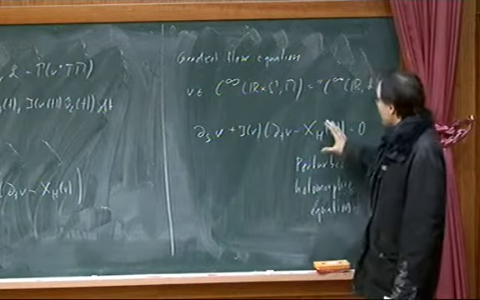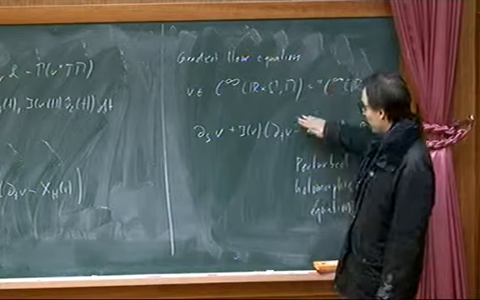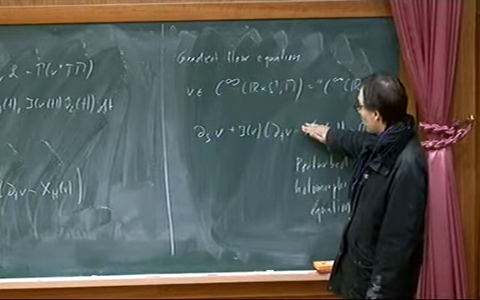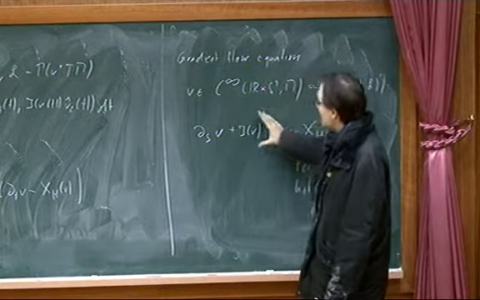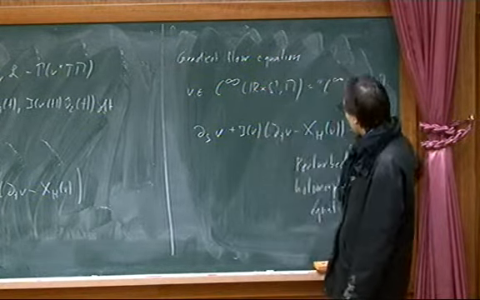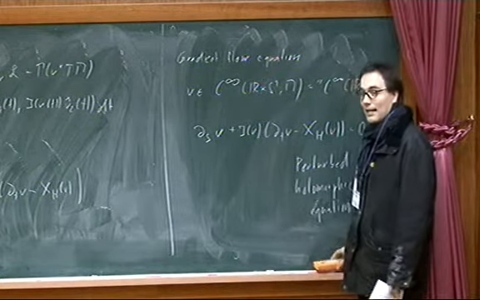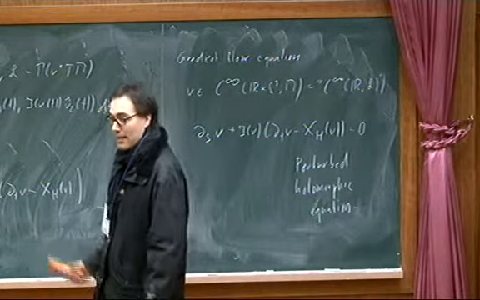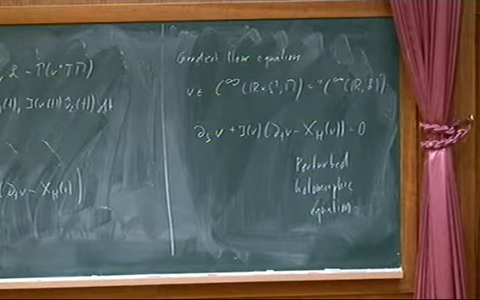But since this is basically a holomorphic curve equation, what Floer could use was the theory of holomorphic curves due to Gromov. Using this Gromov compactness, he could see that using just solutions of this equation, you can define a boundary operator in this infinite dimensional setup as in the finite dimensional case I explained at the beginning.